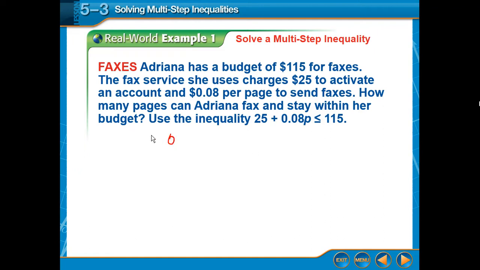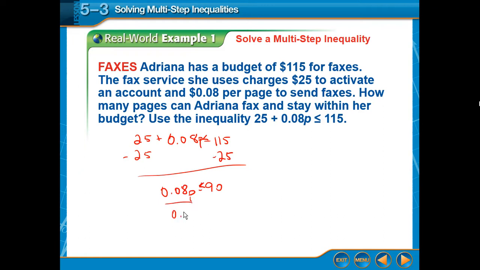We pretty much do these the same way we were solving equations, except now instead of having an equal sign, we have an inequality. I want to get the p by itself, so I'm going to get rid of the 25 first. I'm going to do 115 minus 25, and I get 90. So I have 0.08p is less than or equal to 90.